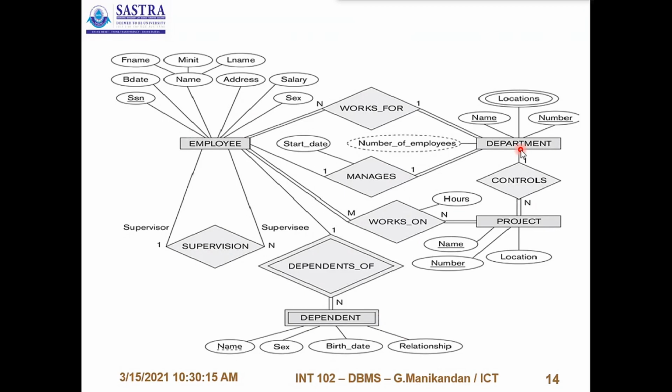In some situations there may be a need to retrieve the number of employees, but I don't want to store the number of employees as part of the department. So this dotted oval is an example of a derived attribute. All the remaining ones are stored attributes.